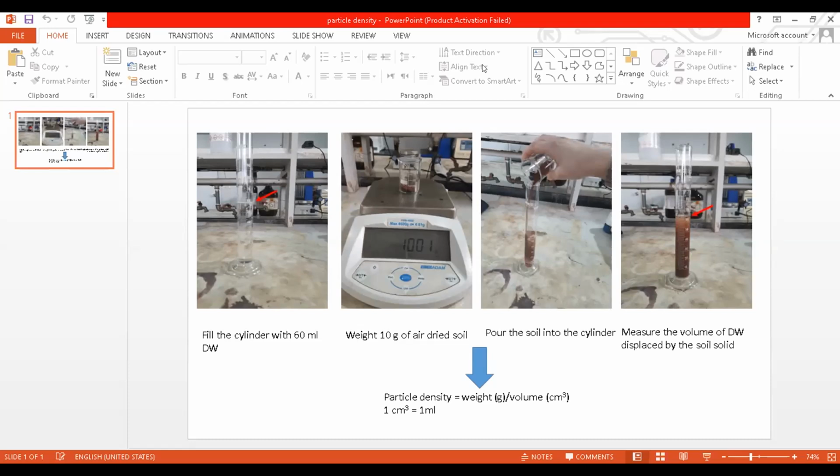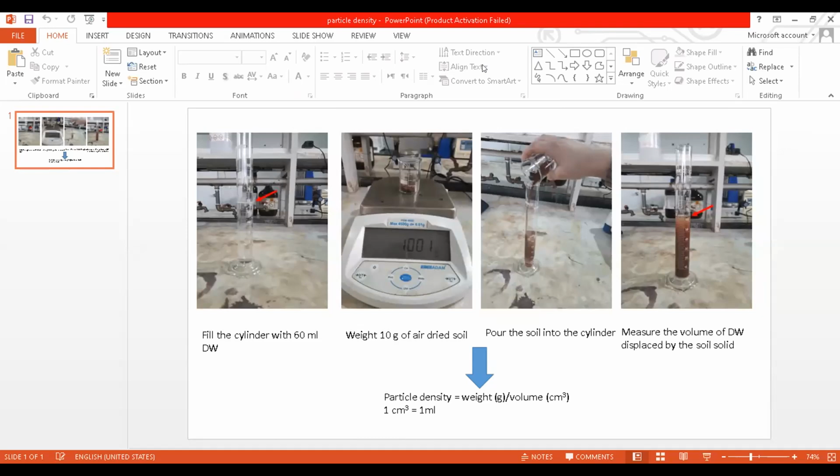Actually, you're looking for the volume of the soil. So when you put the soil in water, the water will fill the pores, so there will be no space. So the increment in volume here is attributed to the solid part of the soil without any pores.